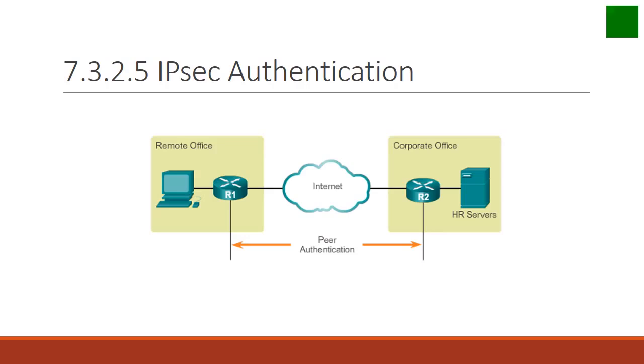Here, the local device derives a hash and encrypts it with its private key. The encrypted hash, or digital signature, is attached to the message and forwarded to the remote end. At the remote end, the encrypted hash is decrypted using the public key of the local end. If the decrypted hash matches the recomputed hash, the signature is genuine.